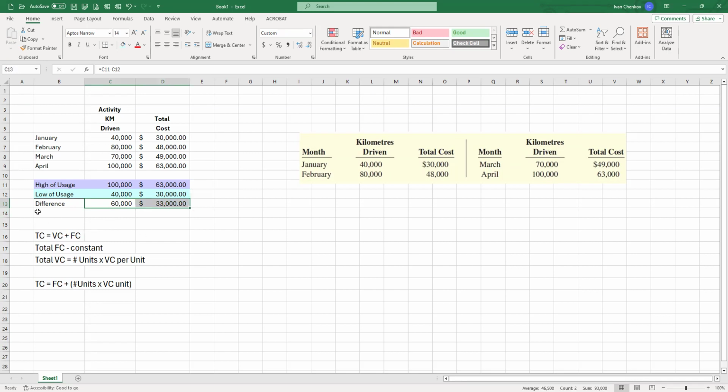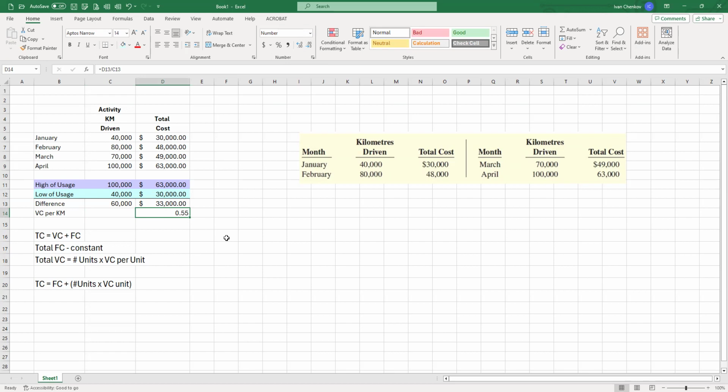So what I can calculate here, my variable cost per kilometer, will be equal to the dollar amount divided by the number of kilometers driven. And I'm going to find out that my variable cost in this case is 55 cents. So for every kilometer that I drive, my variable cost is 55 cents.